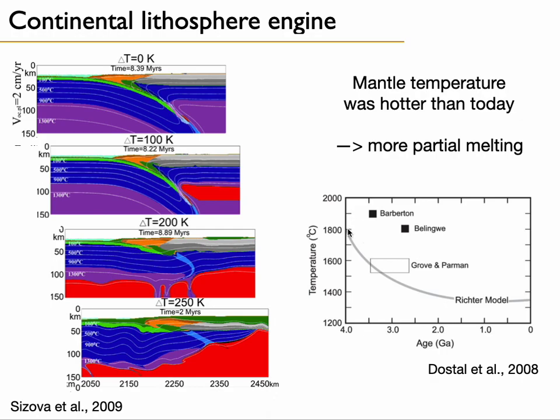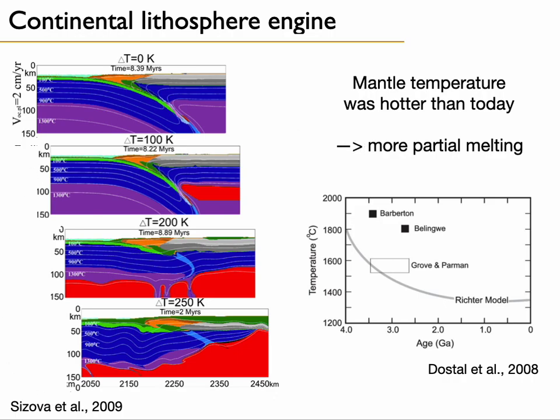So there is a drop in the temperature of the mantle because the Earth is cooling. This means that during Archean times, the mantle was much hotter than nowadays, and the mantle was much more prone to partial melting.